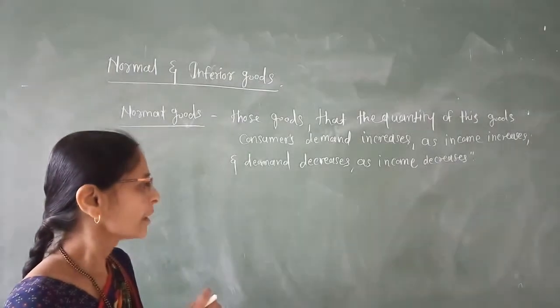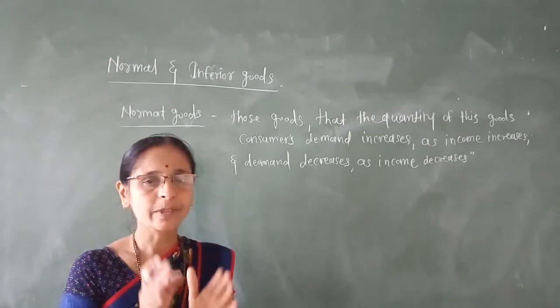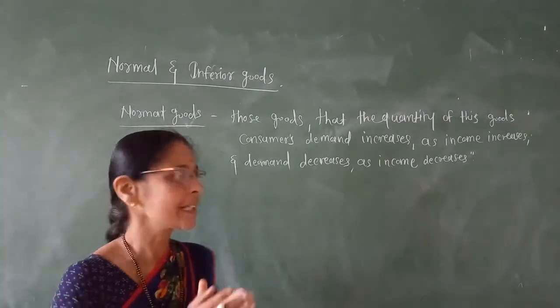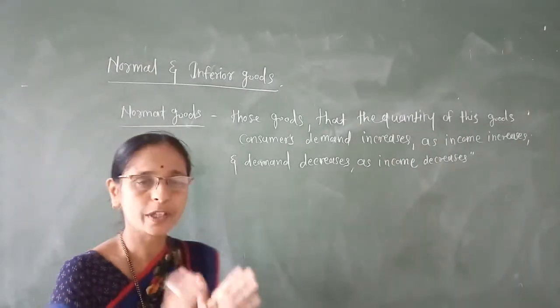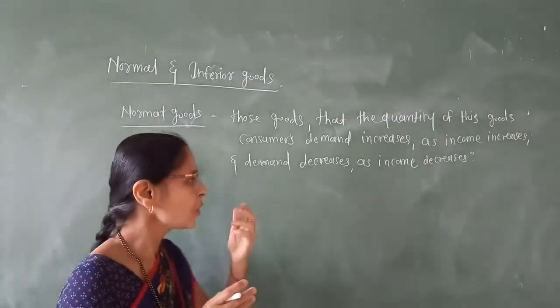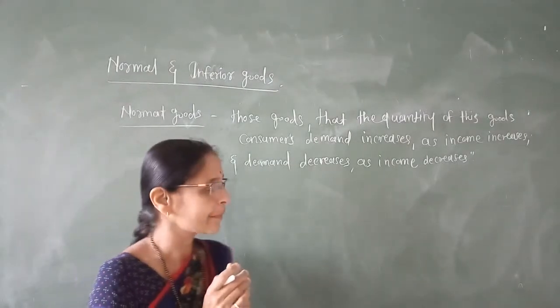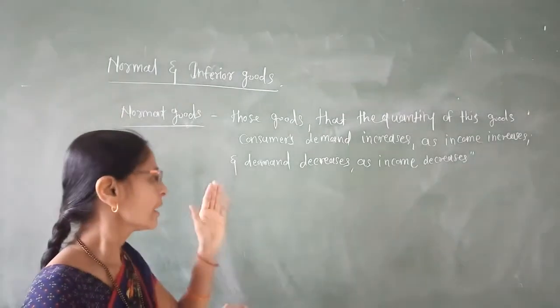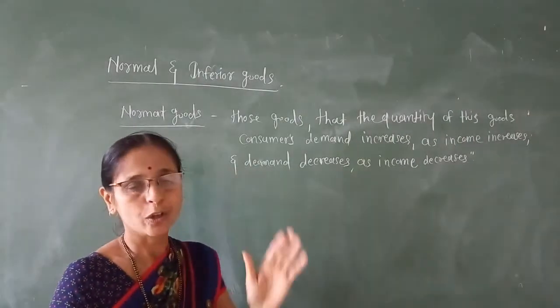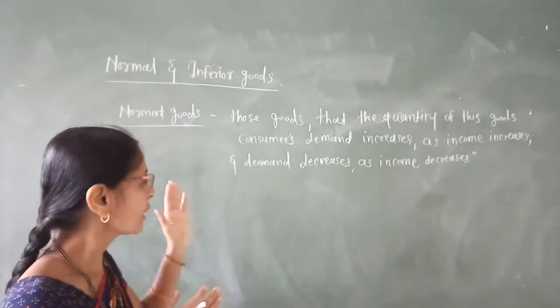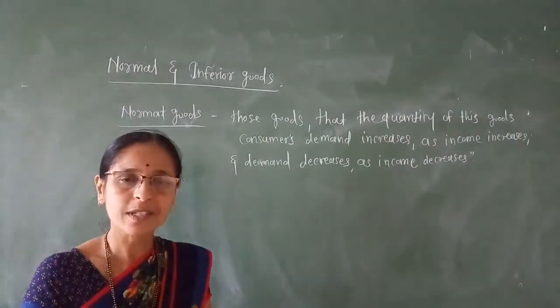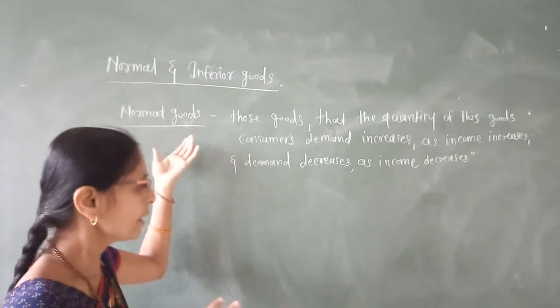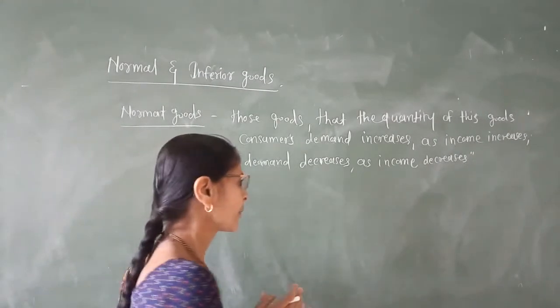Means if the income of the consumer increases, then demand for the normal good also increases, and if the income of the consumer decreases, then demand for the normal good also decreases. Those goods we call normal goods.